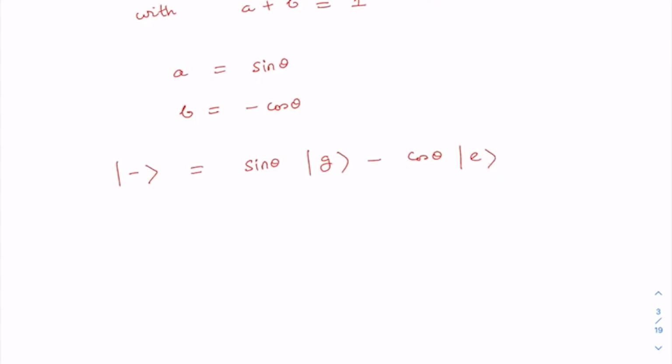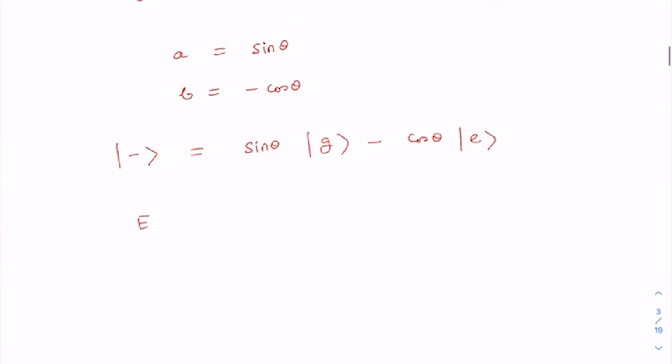So all the results we have now: the eigenvalues E plus minus are equal to minus ħδ/2 plus minus ħΩ̃/2, where Ω̃ is the generalized Rabi frequency, equal to the square root of Ω squared, the Rabi frequency, plus δ squared, the detuning parameter.